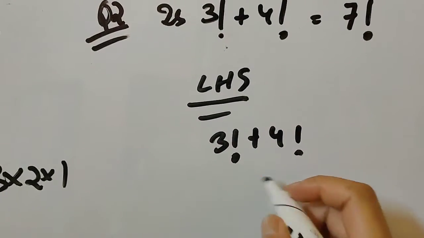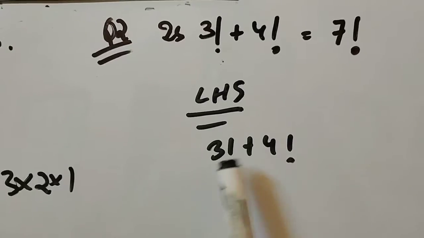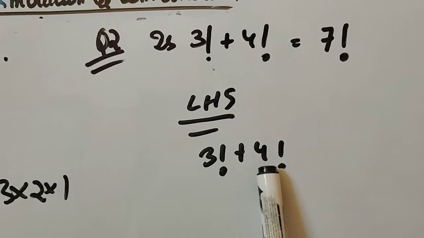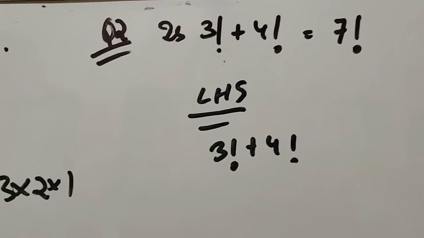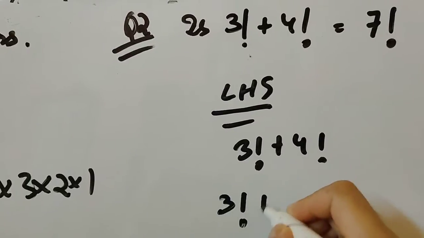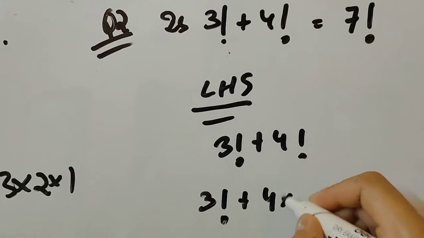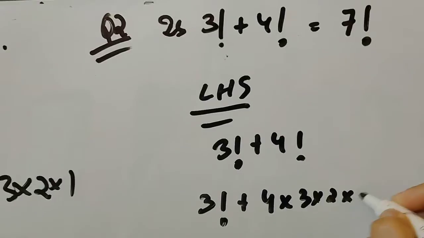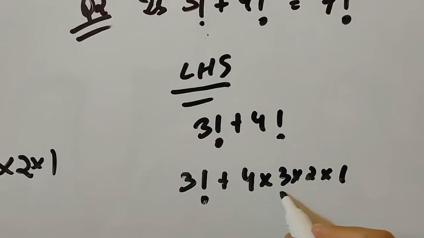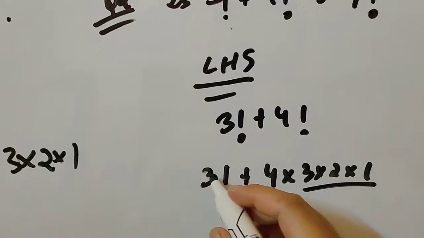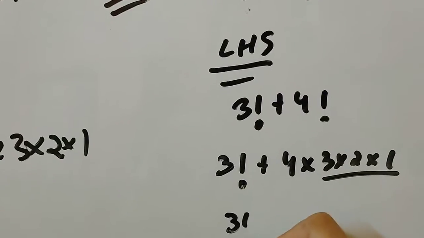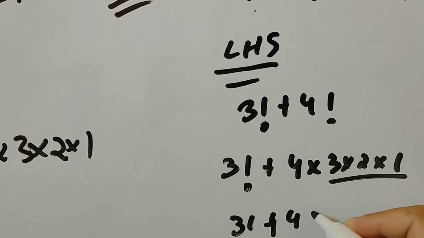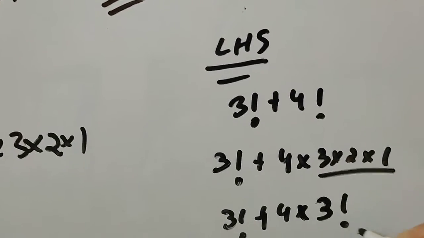Now, 4 is greater than 3, so we can express 4 factorial in terms of 3 factorial. 3 factorial plus 4 factorial can be written as 3 factorial plus 4 into 3 into 2 into 1. This portion is 3 factorial, which I will take common: 3 factorial plus 4 into 3 factorial.